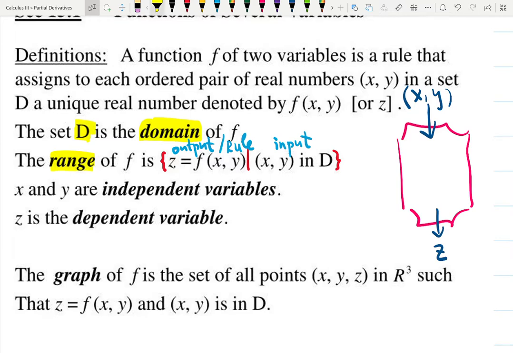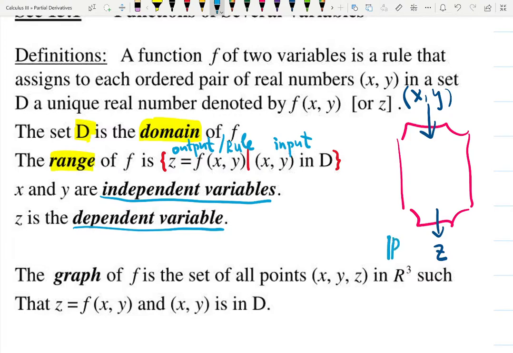X and y now are independent variables, not just x as we used to have. And z is a dependent variable. The graph of f is the set of all points x, y, z in 3 dimensions, in R3. Usually people put R with the bar. Oh no, actually I'm wrong. That is real numbers. There are 2 ways to show it.